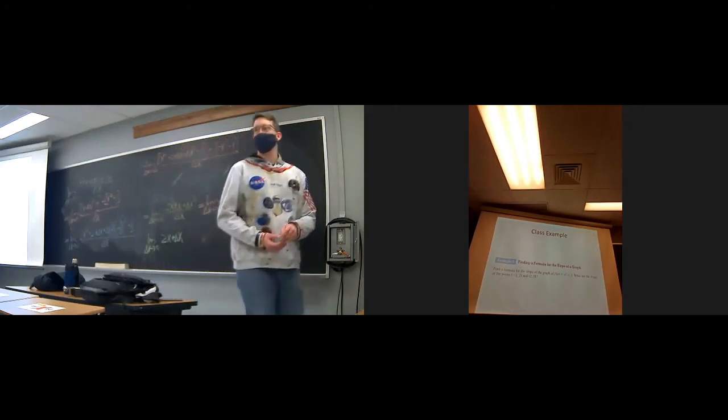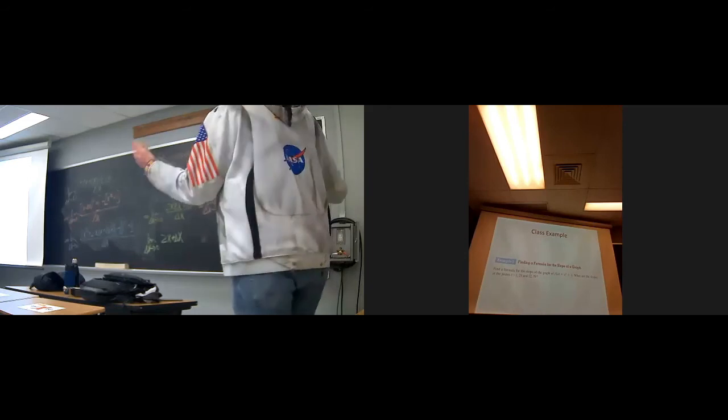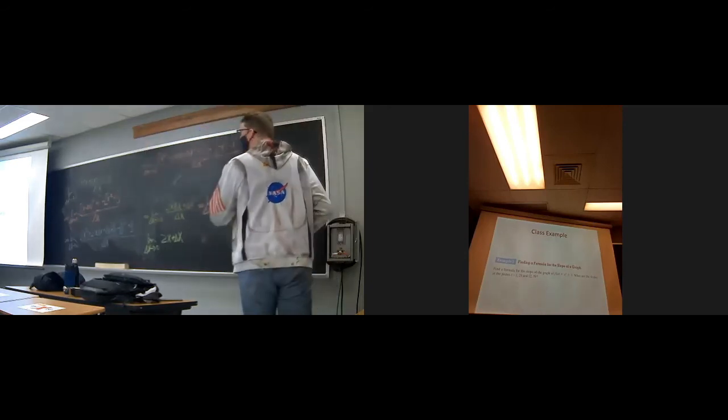What we're going to be left with now is the limit as delta x goes to 0 of 2x plus delta x. That's a polynomial. We can just apply the limit directly to it, right?